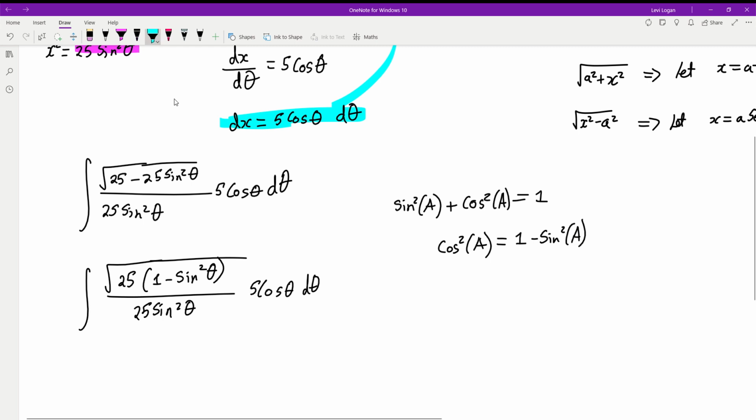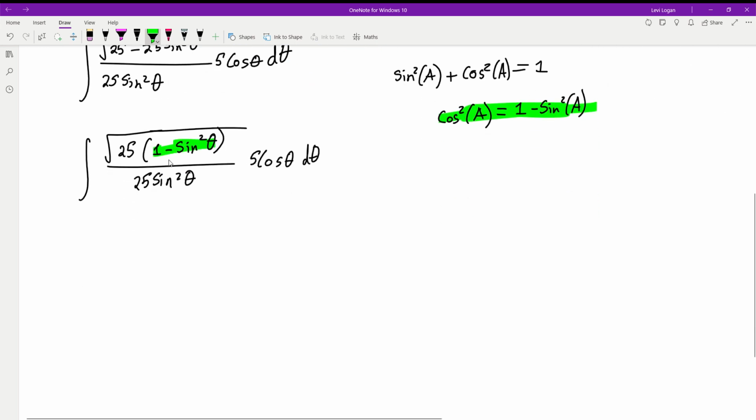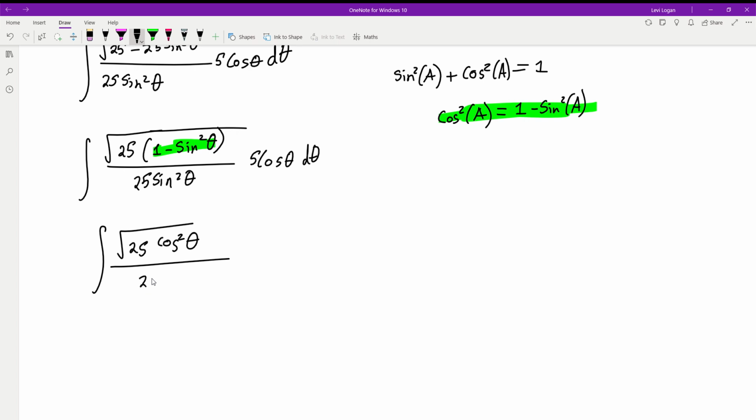And we can see this bit here is exactly the same as that bit there. So I can replace that with cos squared of that angle. So our integral now becomes the square root of 25 cos squared of that angle, 25 sine squared that angle, 5 cos theta d theta.